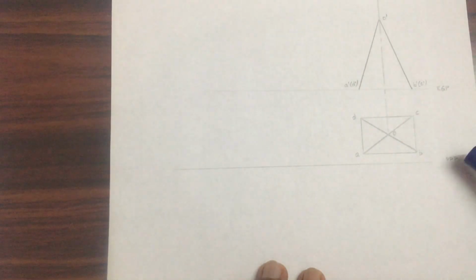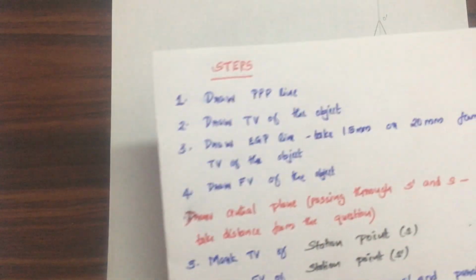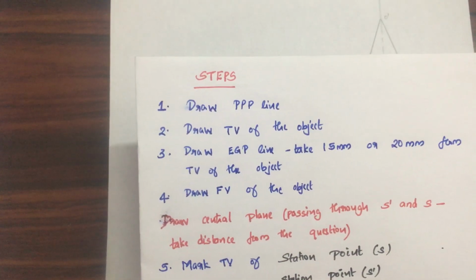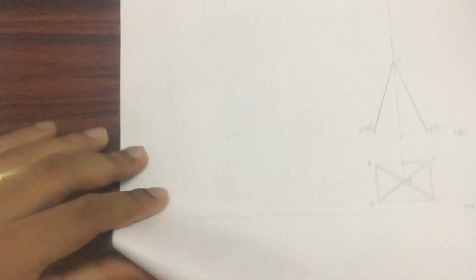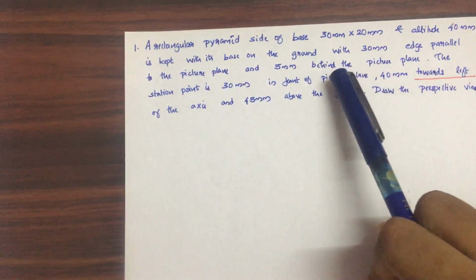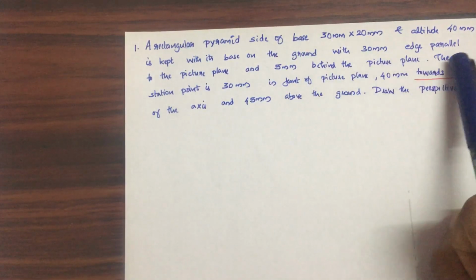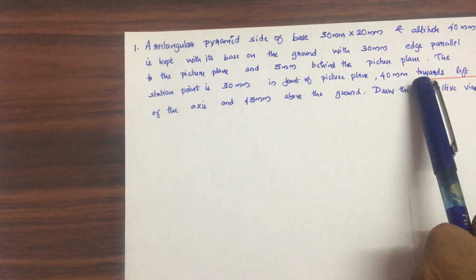The second step is to draw the top view of the object. The top view of the object in this case is a rectangle, and it is clearly stated in the question how the rectangle is placed. The rectangle is placed in such a way that the 30 mm edge is parallel to the picture plane, 5 mm behind the picture plane.